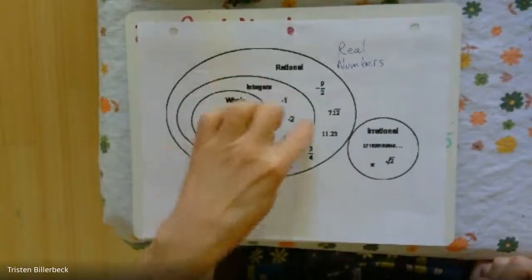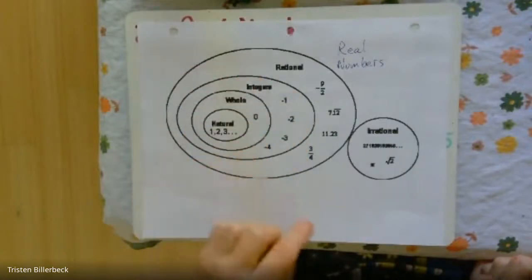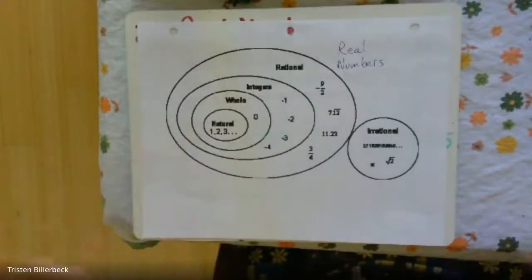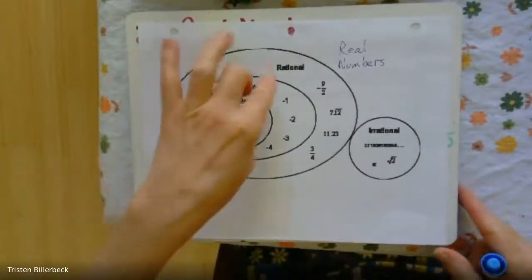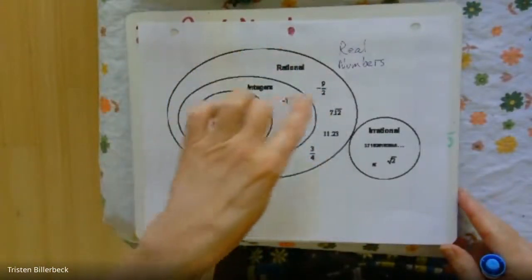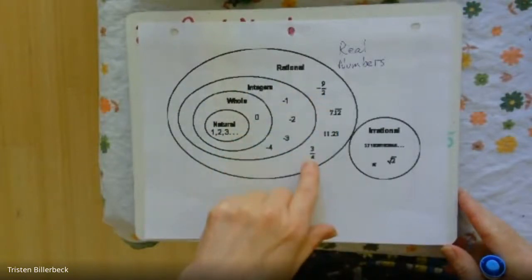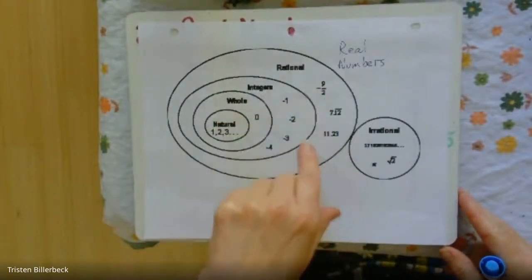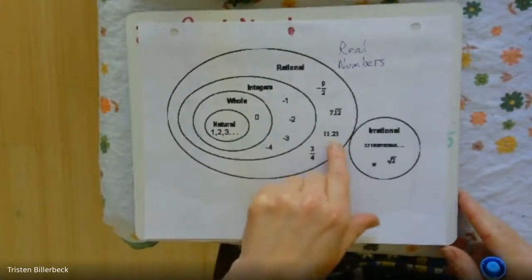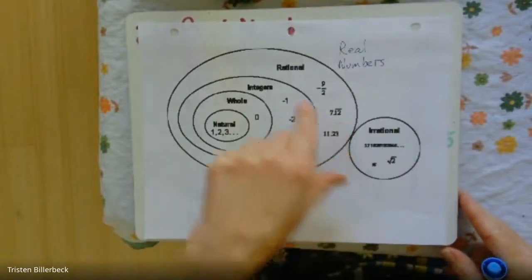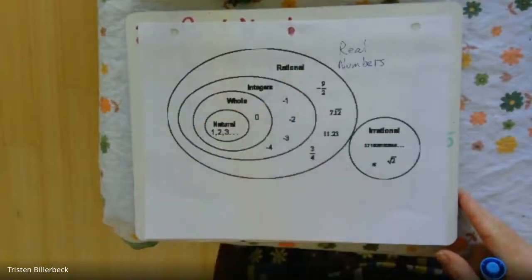Then integers that start including our negative counting numbers like -1, -2, -3. Then rational numbers, which can be fractions, positive or negative fractions. They could be terminating decimals, and repeating decimals are all rational numbers.